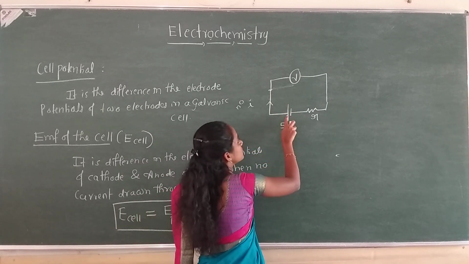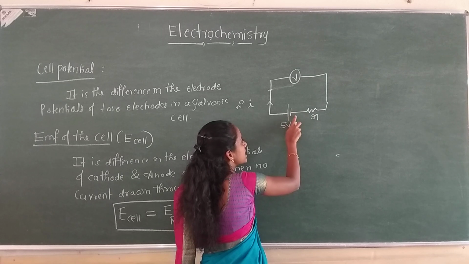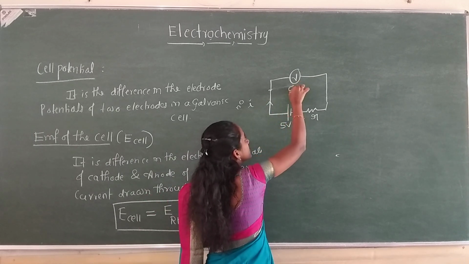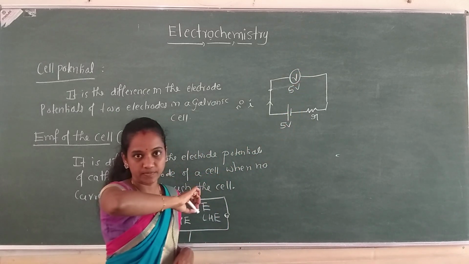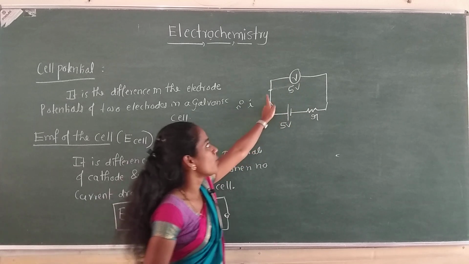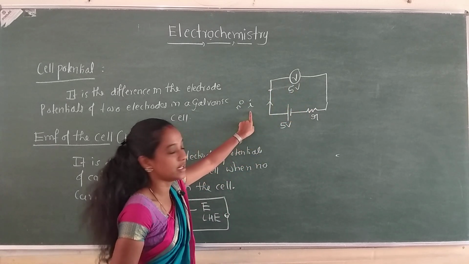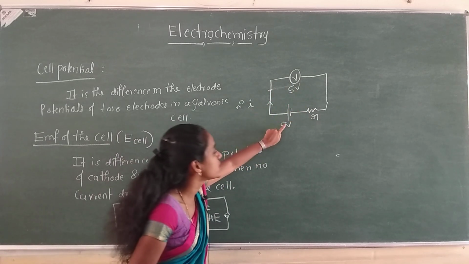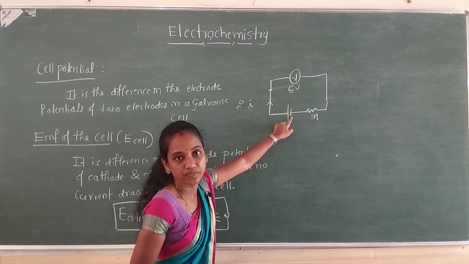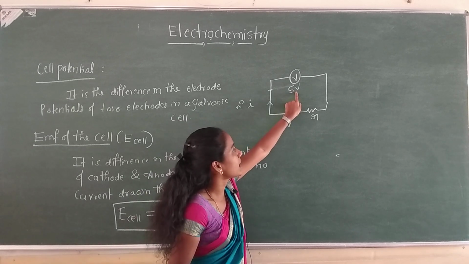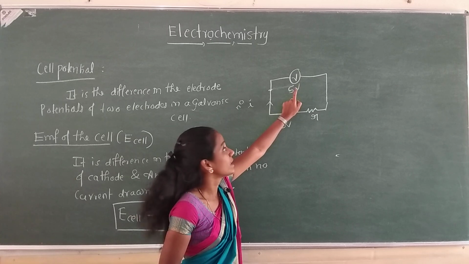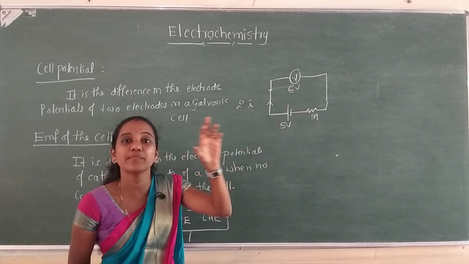Whatever the difference in the electrode potential between cathode and anode is, it is 5 volt. That means in an open circuit, no current flows. If we measure the potential difference across the two electrodes, whatever value you get as the voltmeter reading is nothing but the EMF of the cell.